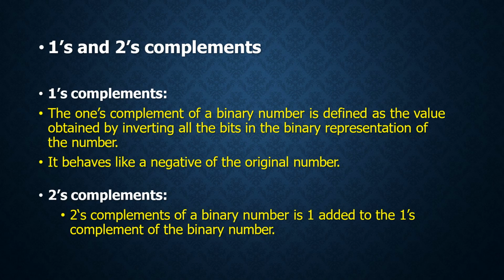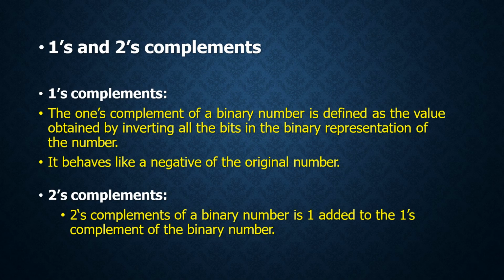So, whatever binary number is given, where 1 is present, we put 0, and where 0 is present, we put 1. This is what is called 1's complement. So it behaves like a negative of the original number. If you are able to understand, let's move on to the 2's complement.